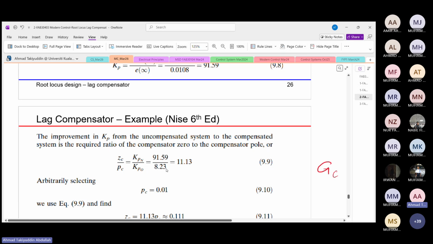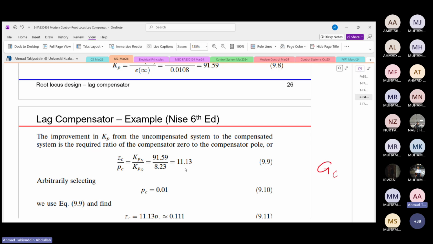So ZC over PC will be 11.13, and then select arbitrarily one value of PC that is close to the origin, for example PC equal to 0.01.